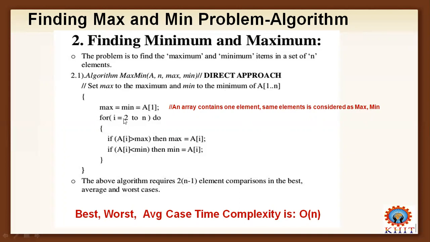If the size of the array is more than 1, that means the array contains more than one element, then only we can compare the first element with the maximum element.